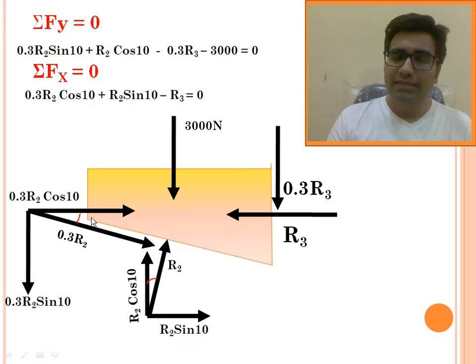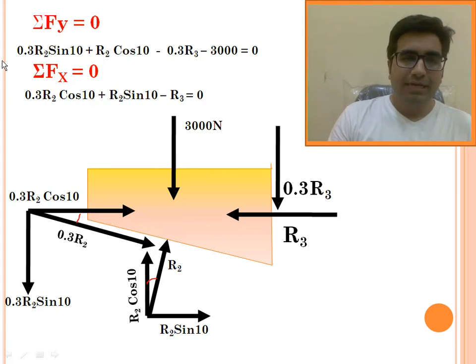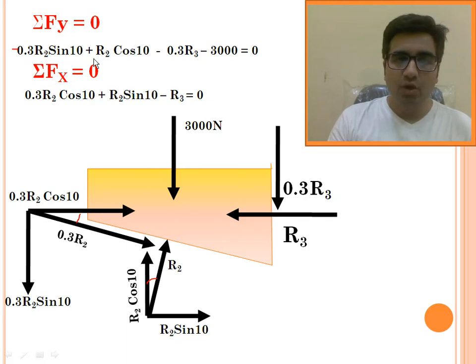So considering this angle as 10 degree and this angle as 10 degree, resolving the reaction R2 and frictional force 0.3 R2 and applying condition of equilibrium, summation Fy equals 0: minus 0.3 R2 sin 10 plus R2 cos 10 minus 0.3 R3 minus 3000 equals 0. Is that okay, my dear friend?